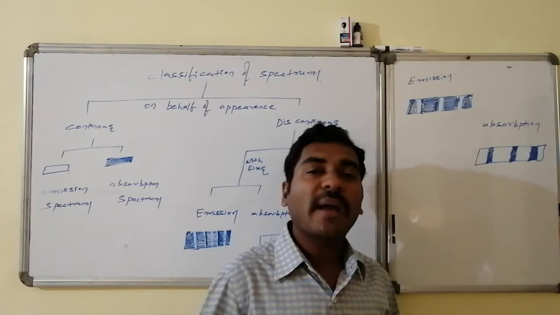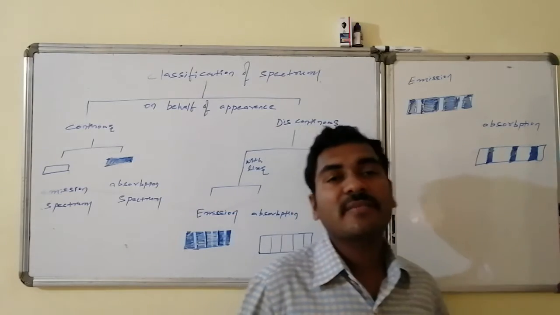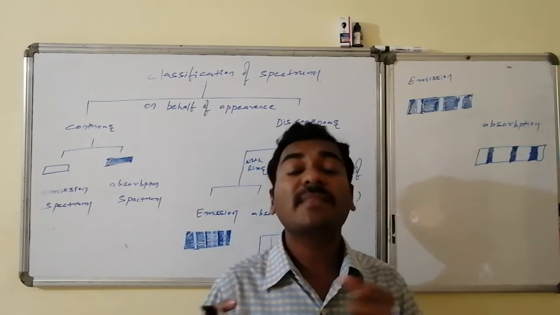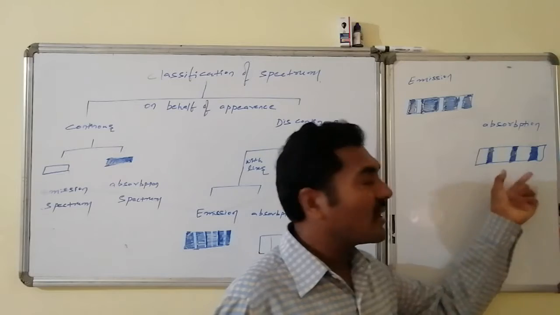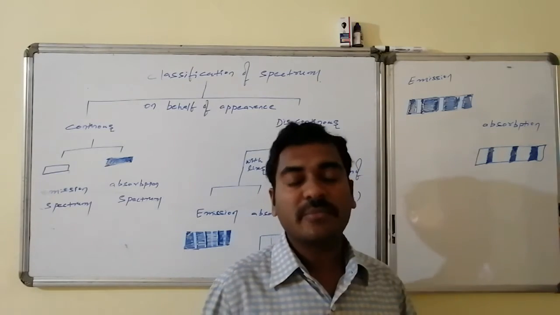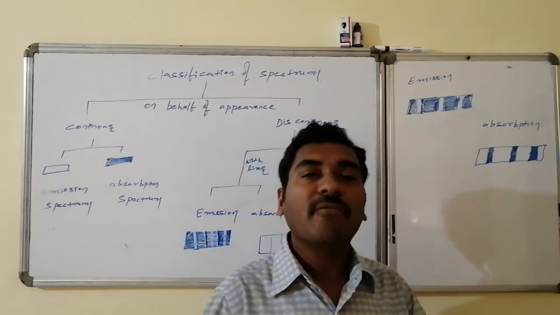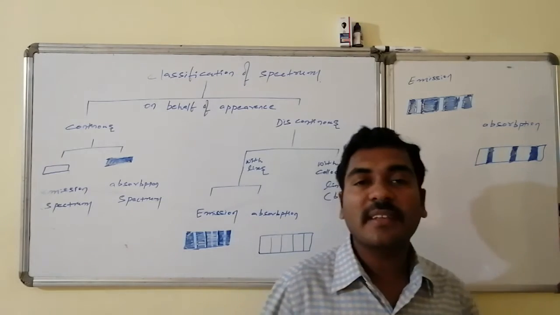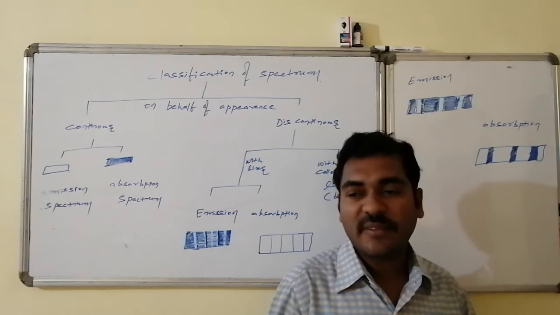On that bright background dark colored lines, dark colored bands will appear. These dark colored bands mean that from this particular wave to this particular wave, a collection of nearby waves is taken by the material. Such information is present in the band spectrum of absorption type.